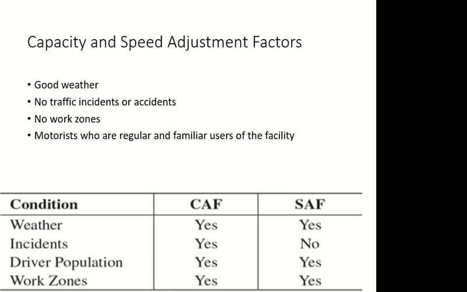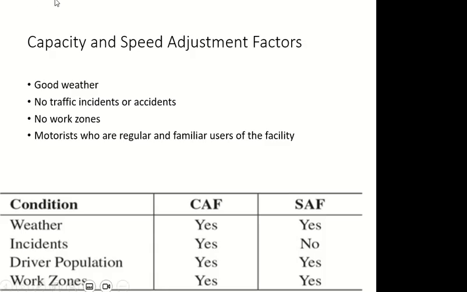So if you meet all these things, good weather, no traffic incidents or accidents, no work zones, and motorists and drivers are regular users, they are commuters of this highway you are analyzing, these are your best conditions. If you meet them, adjustment factors are out of the question.